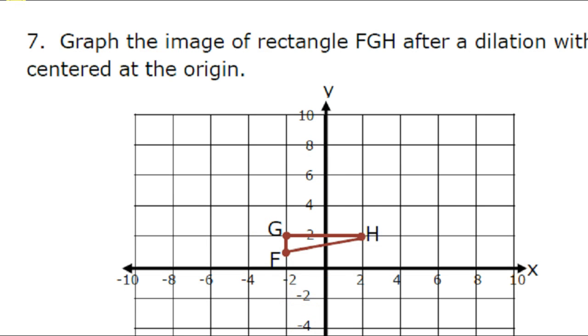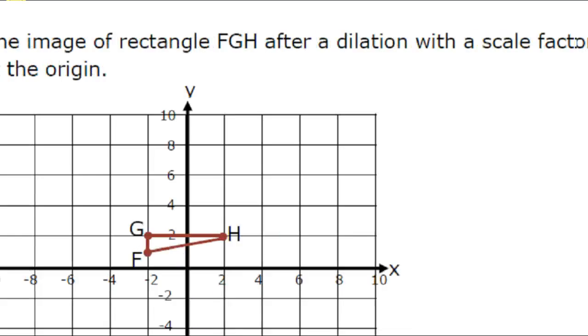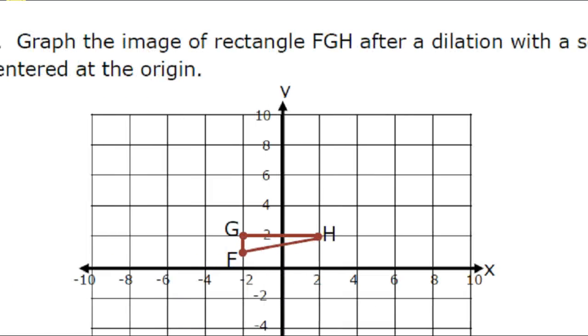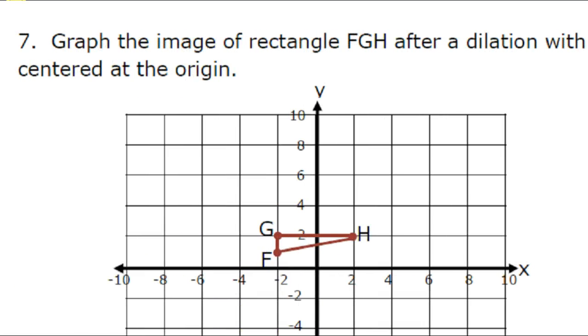All right, for number 7, we're supposed to do a dilation with a scale factor of 5. Here are the original vertices. So with a scale factor of 5, we're just going to multiply all these by 5. So this will become -10, 10. So that'll be right here. So this will be my G prime.